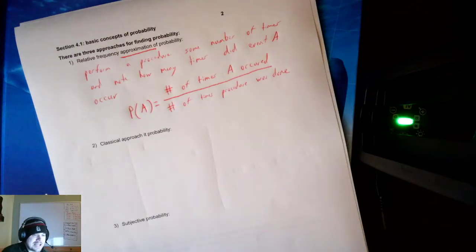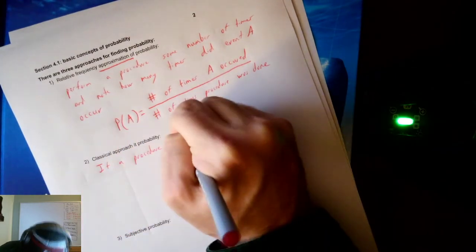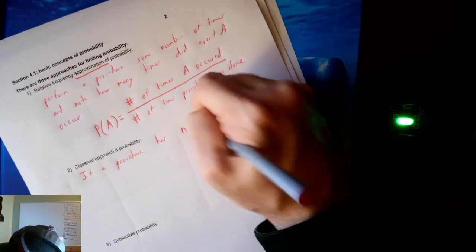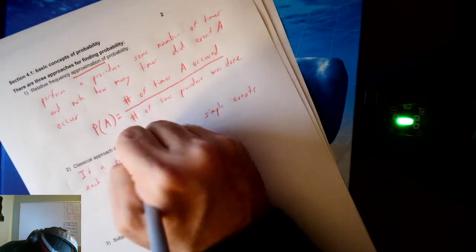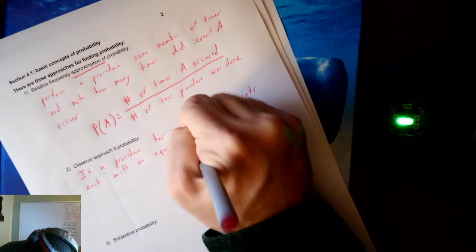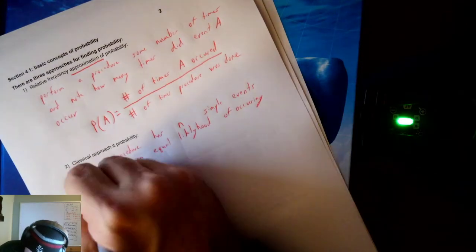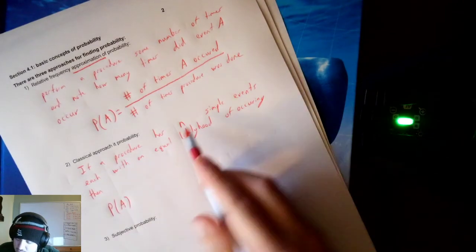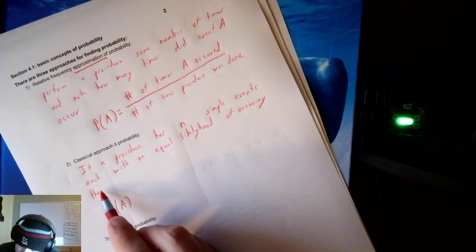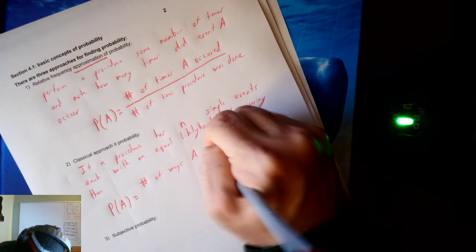The second is the classical approach. In this approach, if a procedure has, let's say, n simple events, each with an equal likelihood of occurring, then the probability of A is equal to the number of ways A can occur.